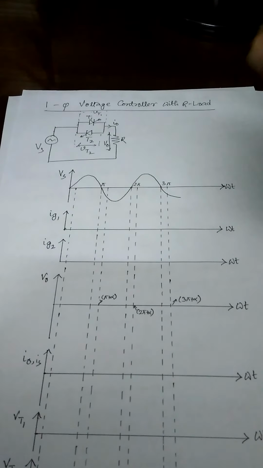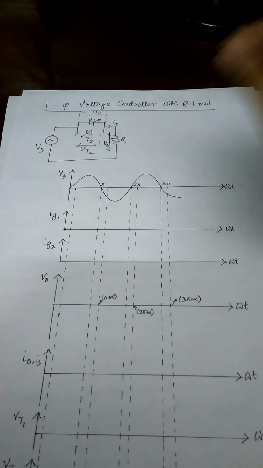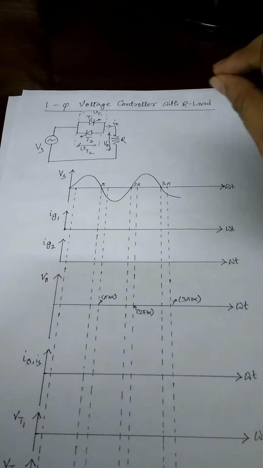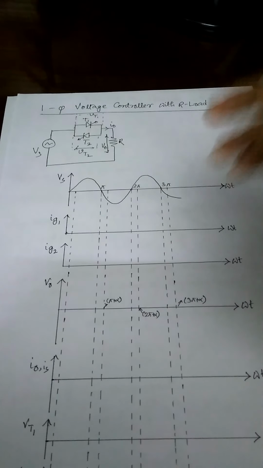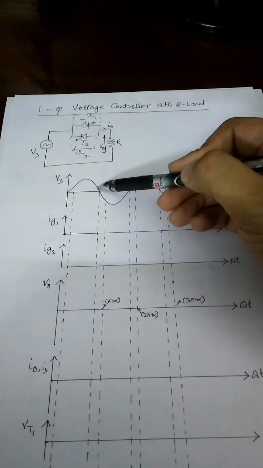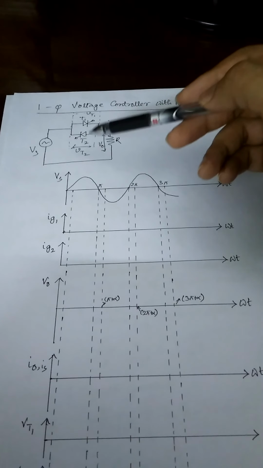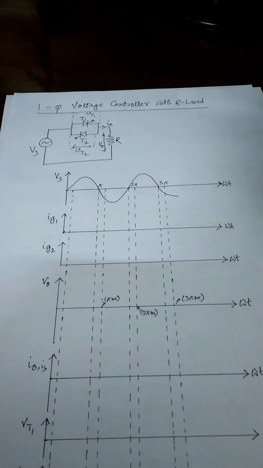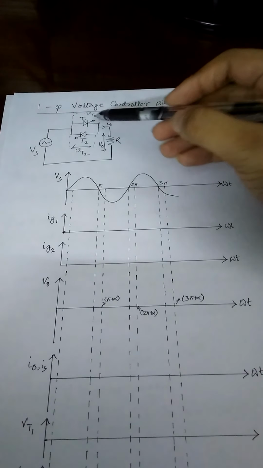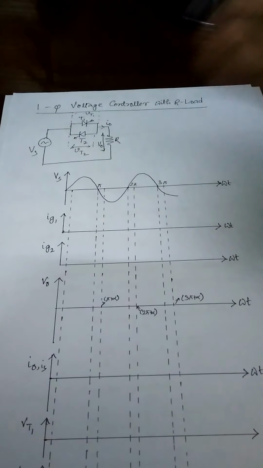That means a firing angle, a gate current, is required to make the thyristor go into conducting state. So when the supply voltage Vs is applied, there is some time delay, the alpha firing angle, taken before triggering the thyristor T1.